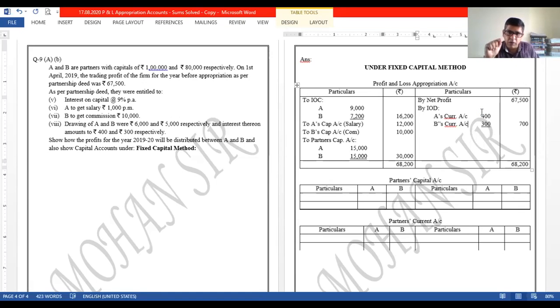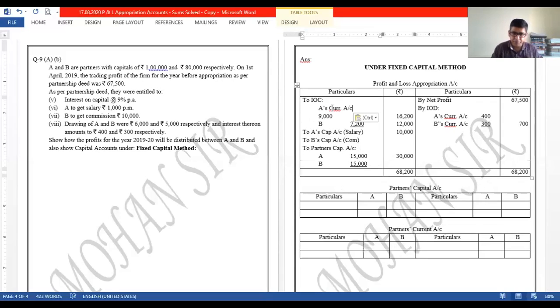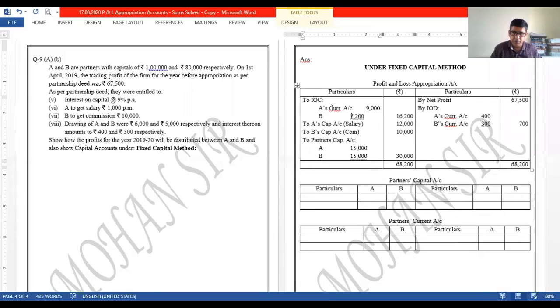When the sum has to be solved under the fixed capital method, we have to write all the adjustments in the current account. And in the capital account, only the amount of capital will come. So for interest on drawings, the change has taken place. Now over here, again the same thing for A: A's current account, and B to B's current account. Correct? This is a change.